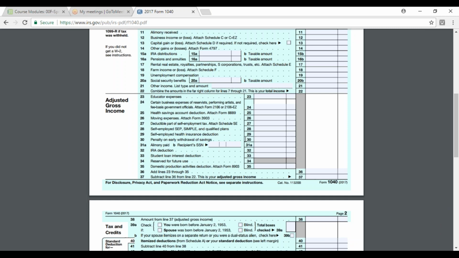Now there are quite a few of these that are actually going to be going away in the near future, as I will have outlined on your notes. With the new recent tax plan by the Trump administration in late 2017, some of these will be going away at the end of 2017, starting with the 2018 tax year.